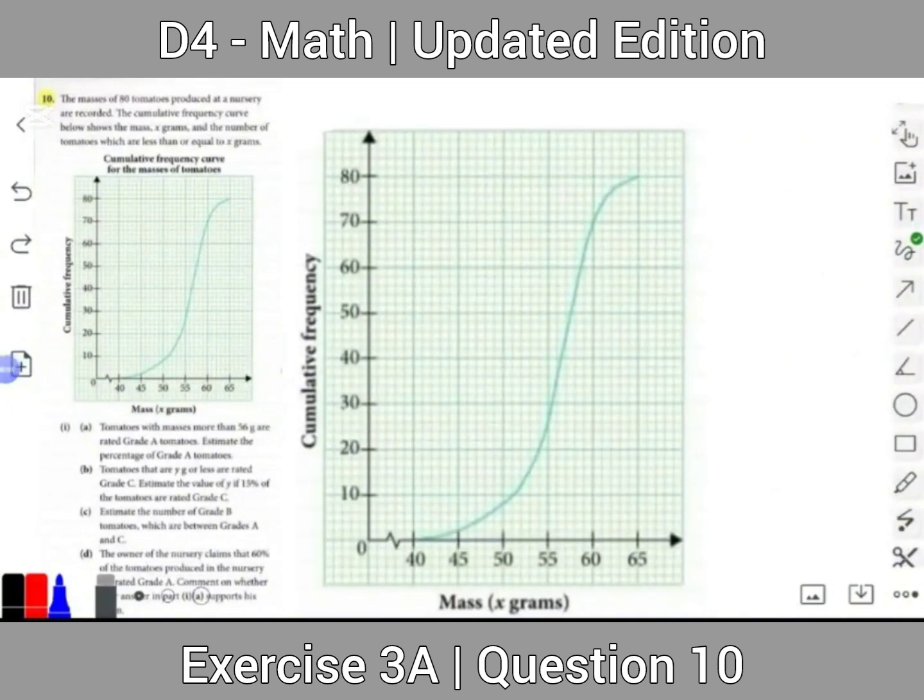Now for part 1a, we will identify 56 grams along the x-axis. After 55, since each square unit is equal to 1, here we have 56. So here we will draw a vertical line from the x-axis until it intersects the curve.